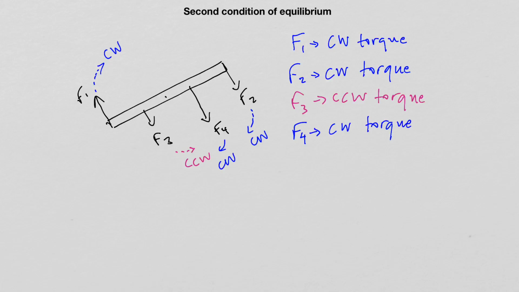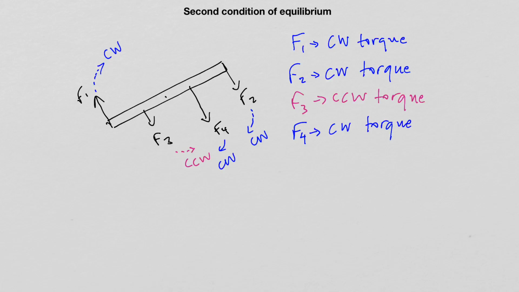If I would select the axis of rotation to be at the left end of the stick, right here, then the force F1 will produce no torque because it's applied at the axis of rotation. There is no torque arm with respect to that. And then the other 3 forces, F2, F4, and F3, all will be producing clockwise torques because with respect to this new selected axis of rotation, all of these forces tend to rotate in clockwise direction.